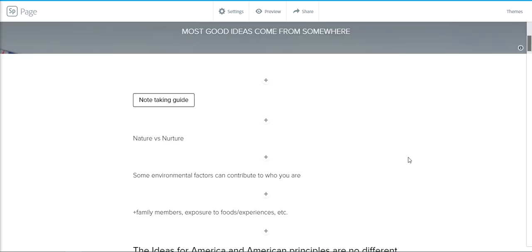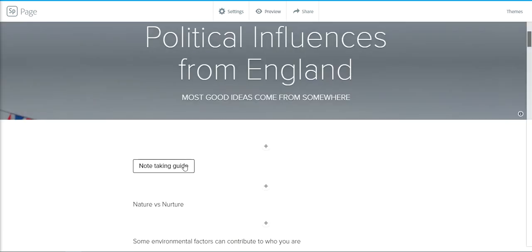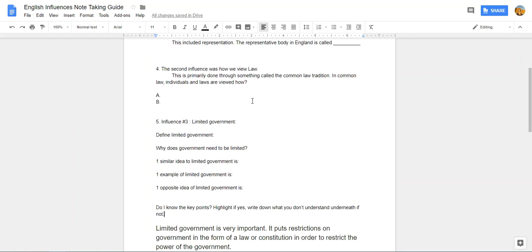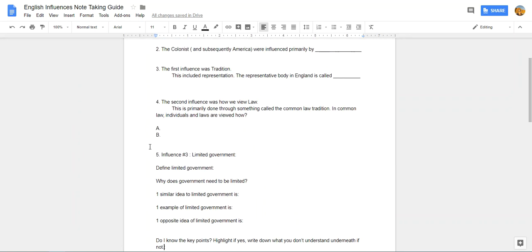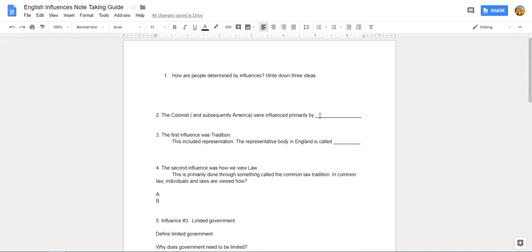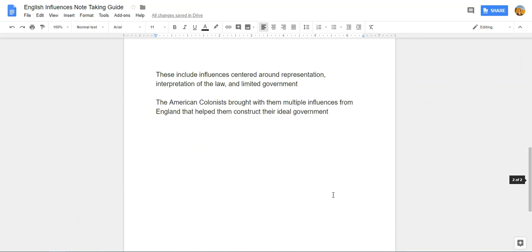Before I move on with the lesson, I just want to highlight one thing here, and this is this note-taking guide. You could always make a copy. There's a couple questions where you should write down some ideas. Just go over this real quick, how to use this. When we get to influence number 3, that's going to be a really key point in this lesson. But you should be able to fill in the blanks as we go along.